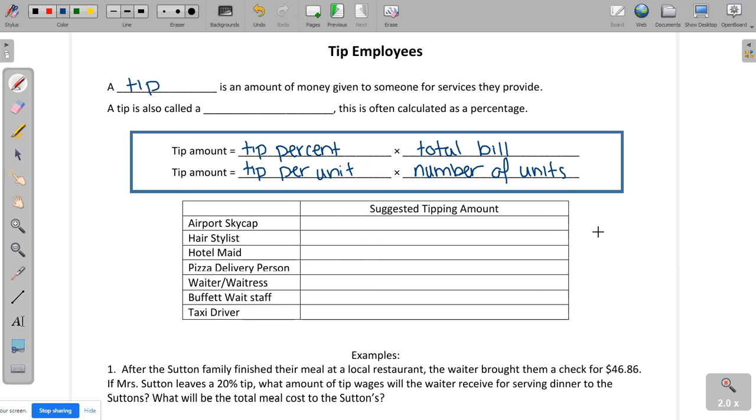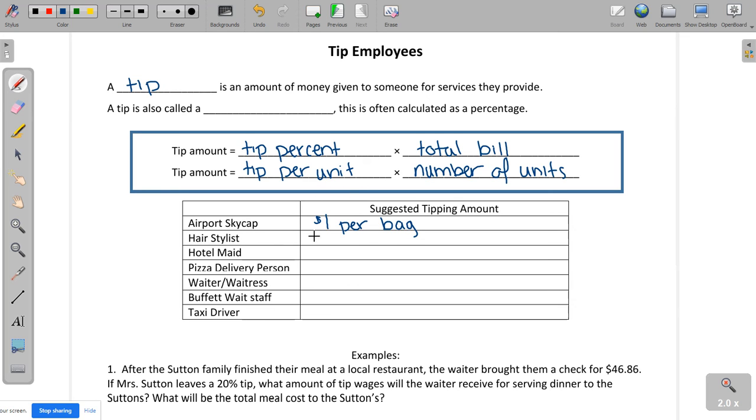We're going to go through a couple of tipped employees and see what the suggested tipping amount is. An airport skycap, they're the ones that take your bags for you, is about $1 per bag.